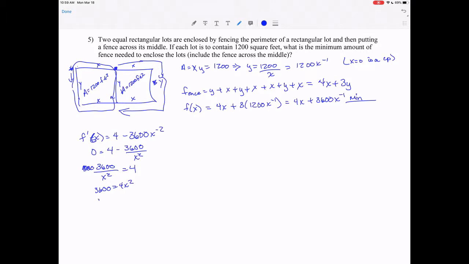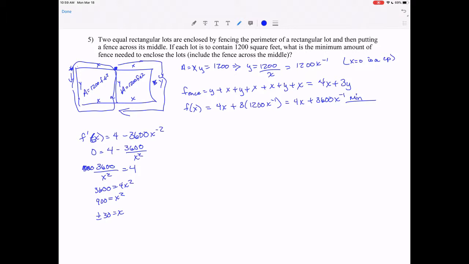Divide by 4. So x equals plus or minus 30. Okay. Right?